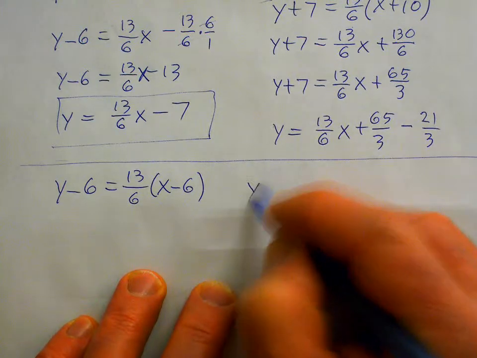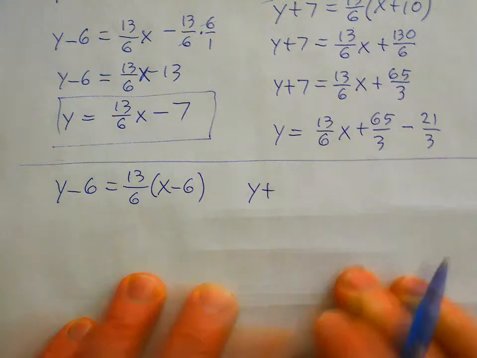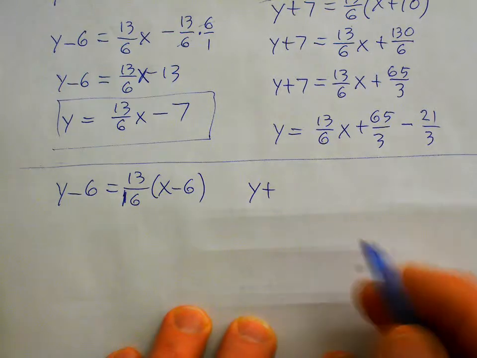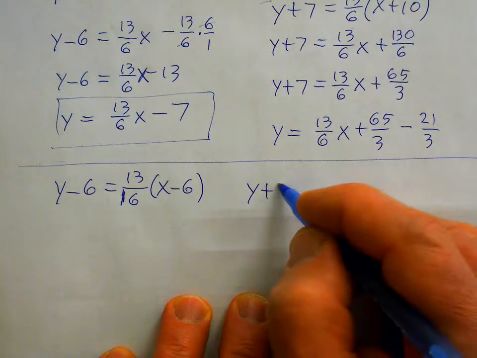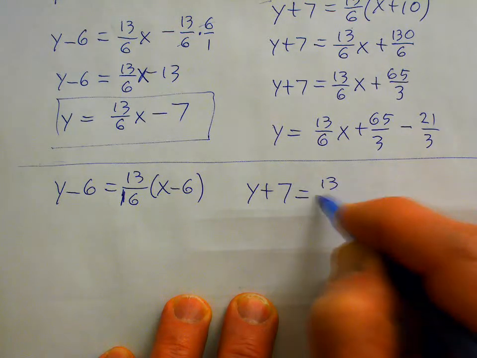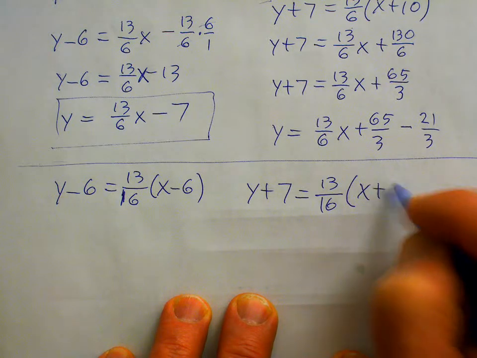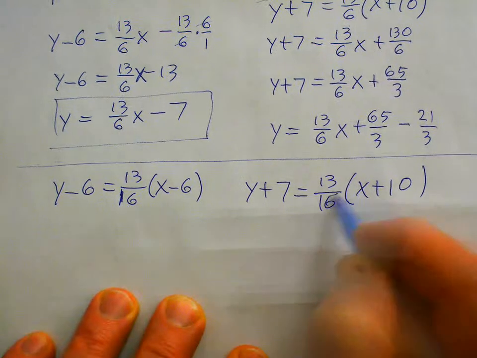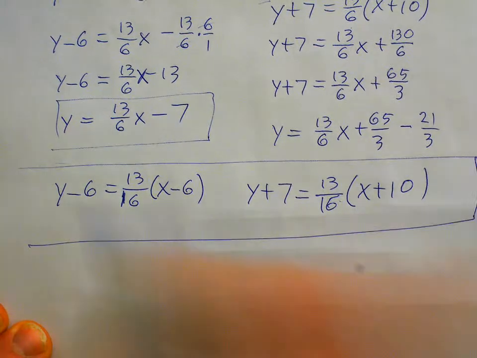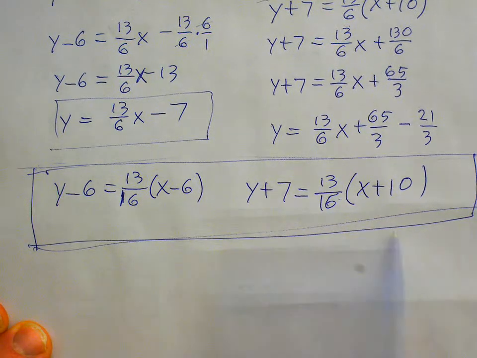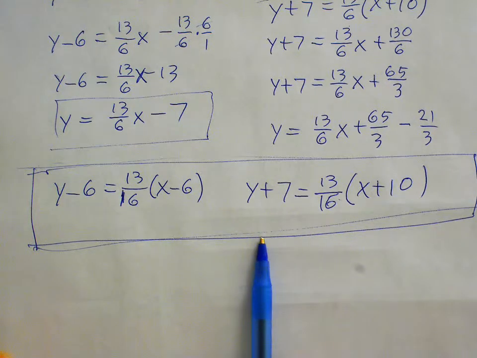And then the other one, y plus, I did it again, 13 over 16. Something's wrong with me. So the other one is y plus 7 equals 13 over 16 times x plus 10. Okay, so work on those. And even though I'm incompetent, you can still verify that that's true.